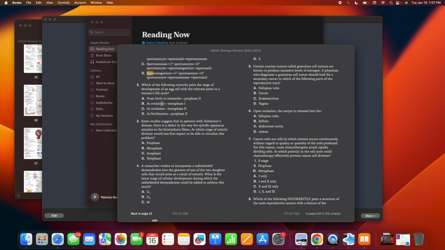At ovulation, yeah, I have no clue for this one, so I will just choose B since this is the only one with the 1. I don't know.